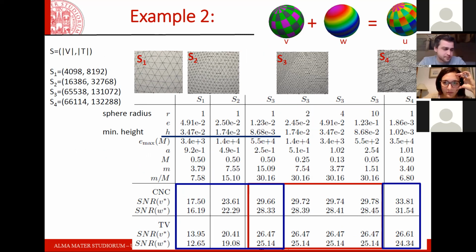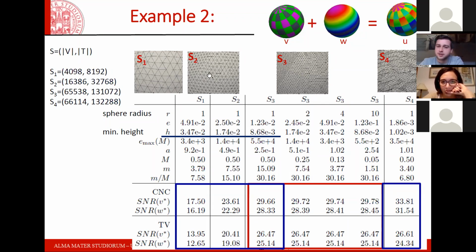Well, what we wanted to understand in this example was how the mesh quality influences the result. Of course, you can have a coarse mesh, or you can have a really fine mesh.